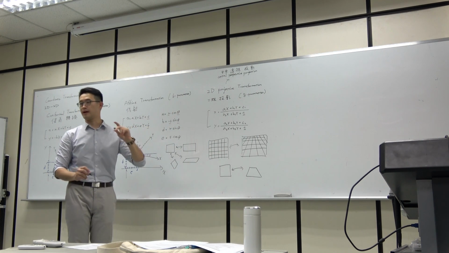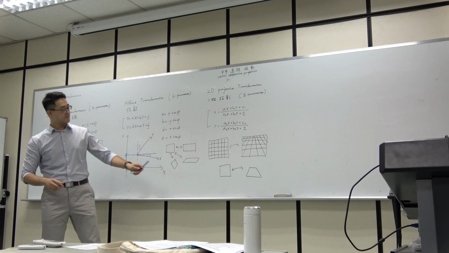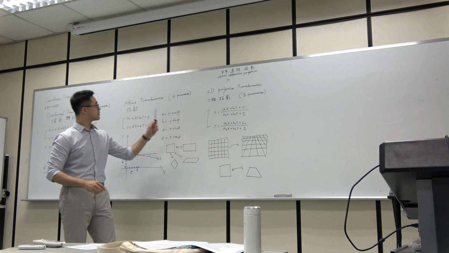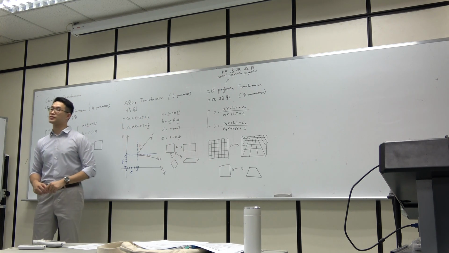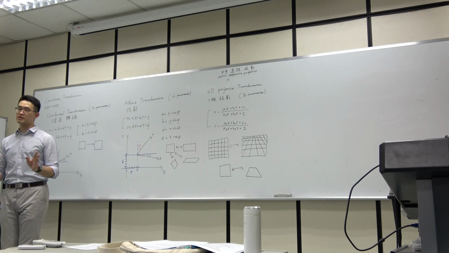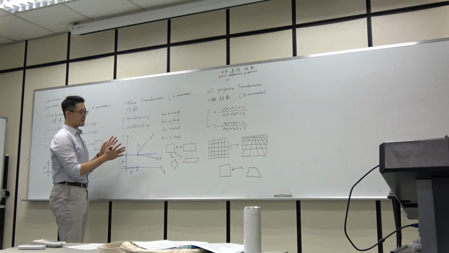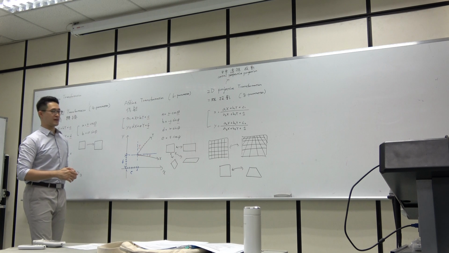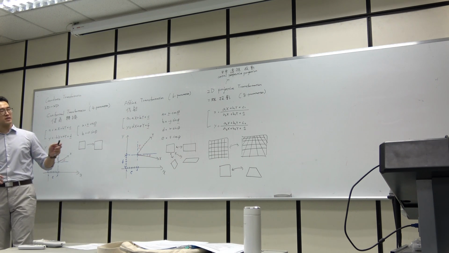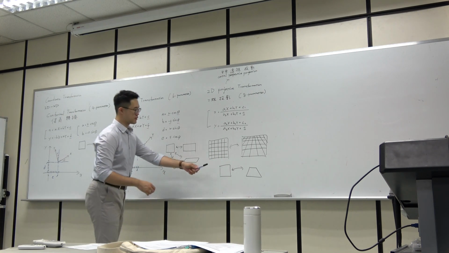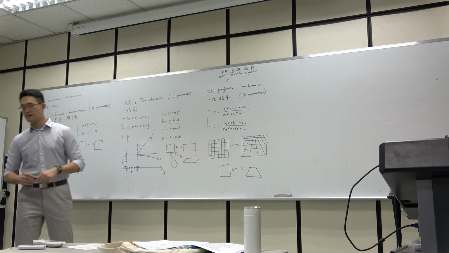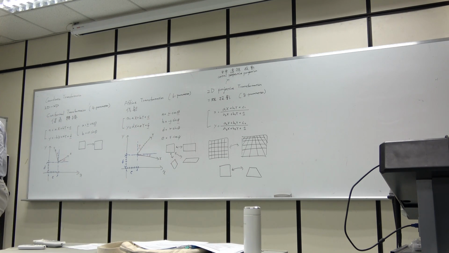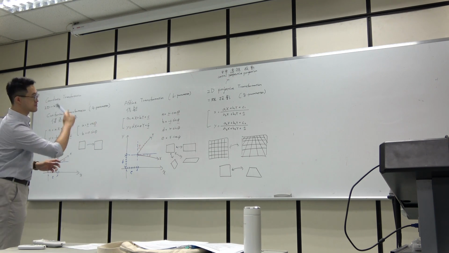So that is not acceptable for affine transformation to do, because affine transformation needs you to have consistent and also linear change in terms of the x and y direction. In order to transform to trapezoid, you can only use a nonlinear function to do it. Okay, so that's the case.